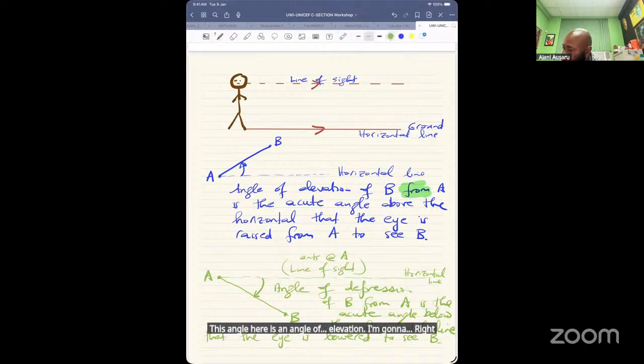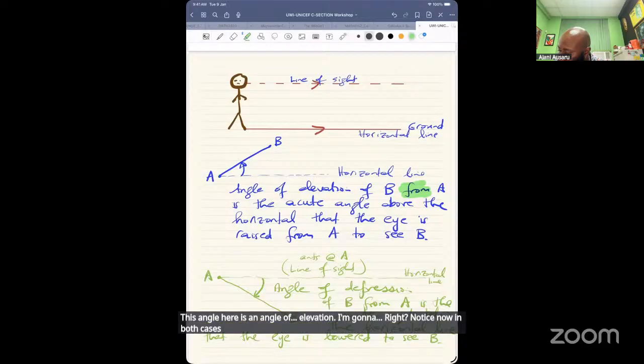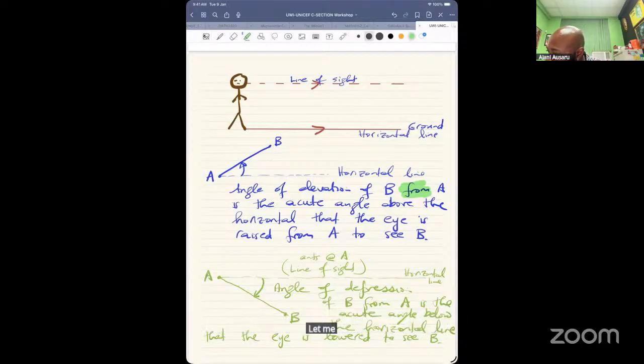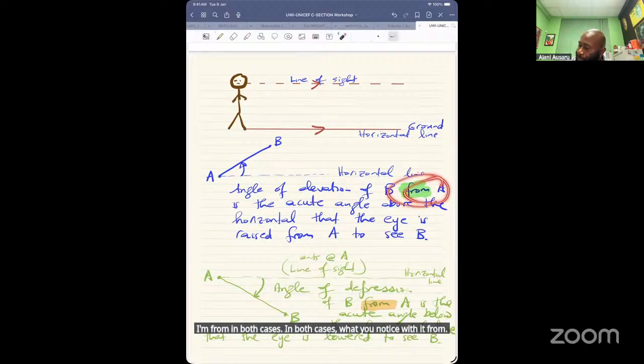Notice now, in both cases, let me change my color here so that you can see this better. In both cases, what do you notice with the "from"? From where?